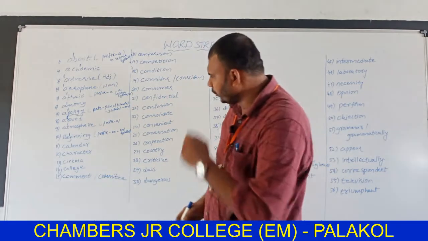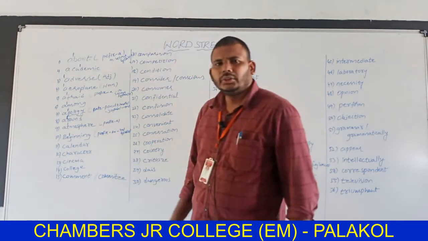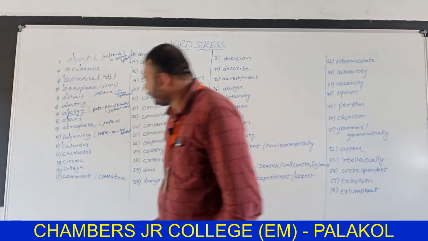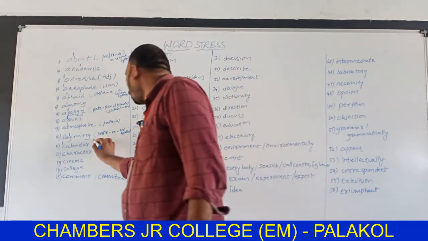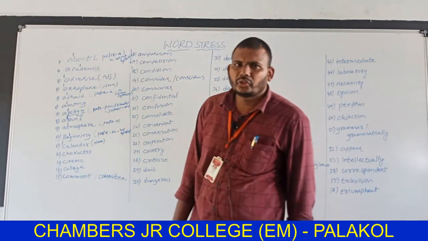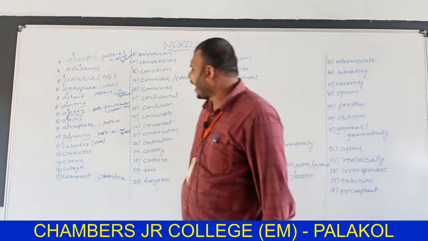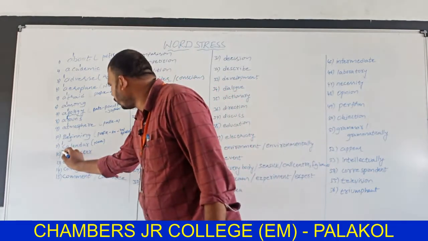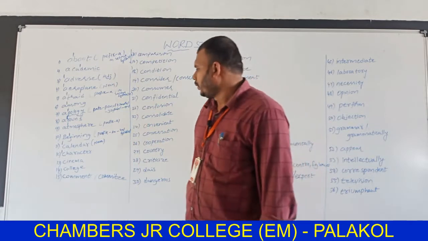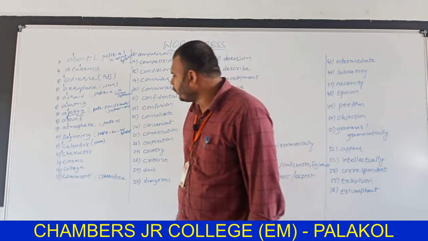Okay, let's see the 11th one. Calendar. It is purely a noun, so we can put the stress mark on C. And see number 12, character. It is also a noun, so you can put the stress mark on C. And see the next one, cinema.